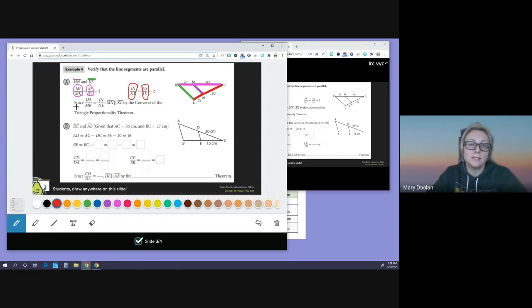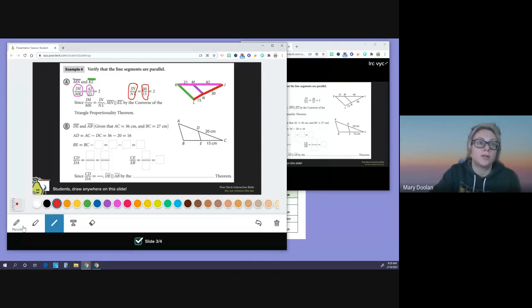So since JM over MK equals JN over NL, 2 equals 2, the two ratios in the proportion are actually equal. We can then say that segment MN and segment KL are parallel. That's what these two vertical lines mean, by the converse of the triangle proportionality theorem.